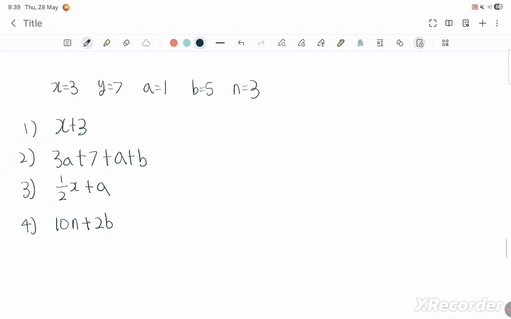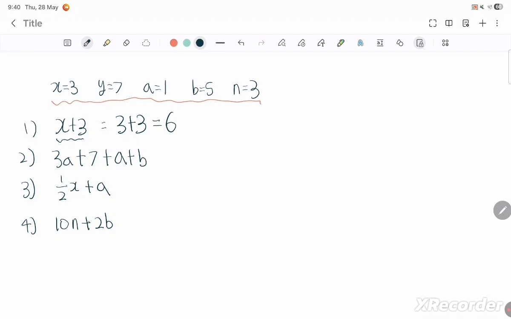There are values for five different variables this time: x, y, a, b, and n. Then we are going to substitute these variables for these numbers. Let's say x plus 3 is equal to, we are going to put 3 into this x, and 3 plus 3, so this is equal to 6.